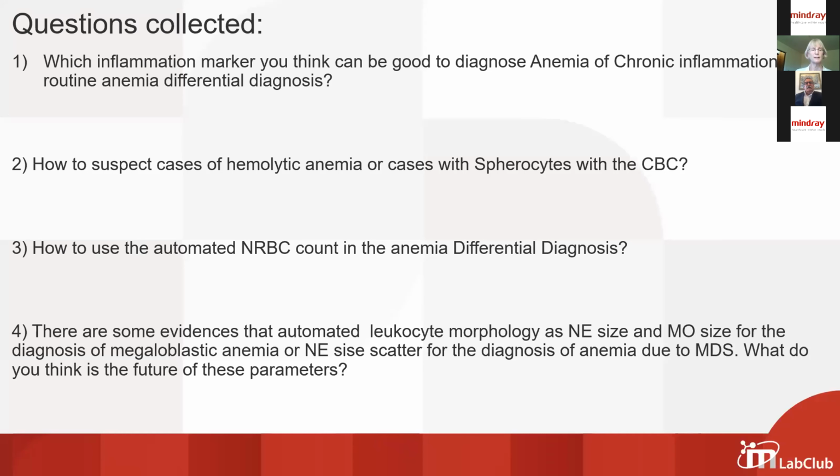Classically, hereditary spherocytosis or autoimmune hemolytic anemia will be associated with a slightly increased mean corpuscular hemoglobin concentration, and also a slightly lower MCV and a higher RDW, because there'll be normal cells and the spherocytes, so you'll have a larger spectrum. But none of those are very specific, I would say.